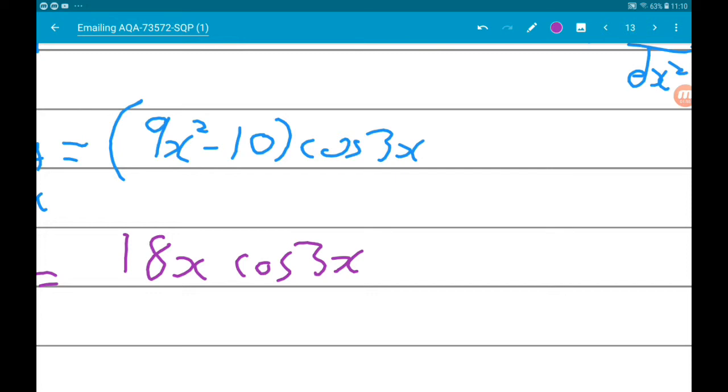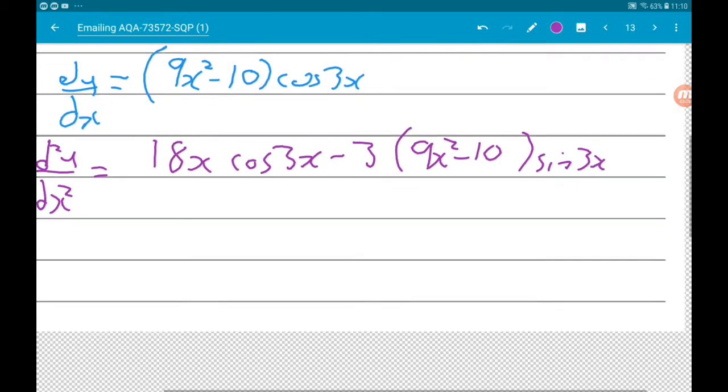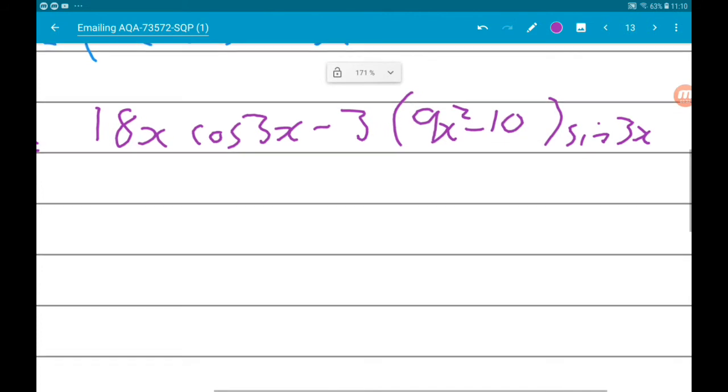So we can write this as minus 3 times the bracket times sine of 3x.